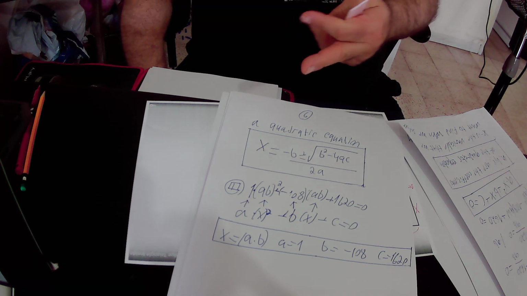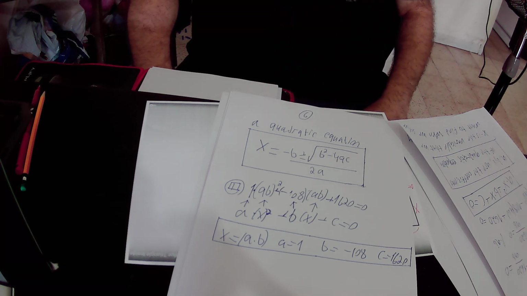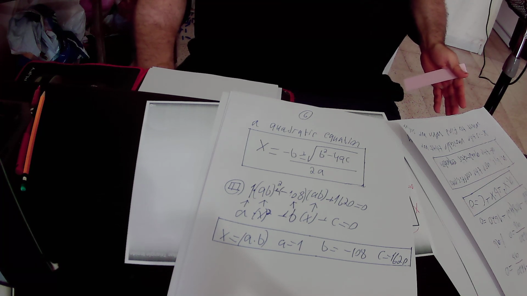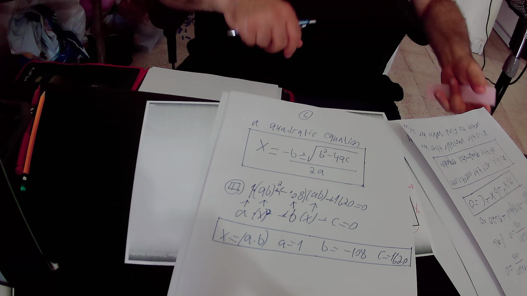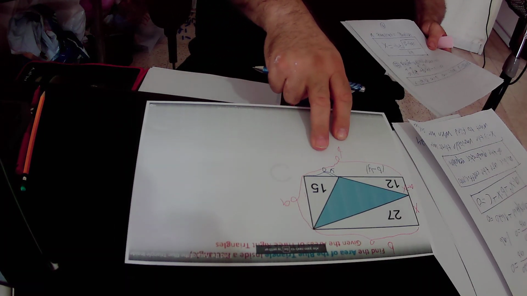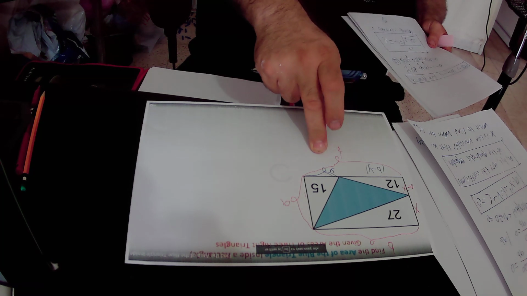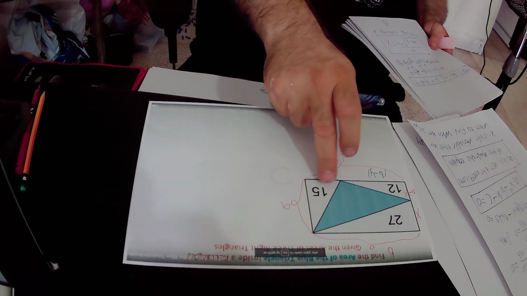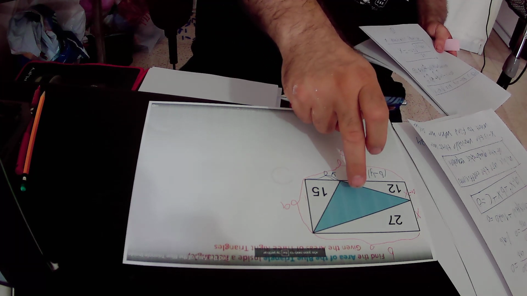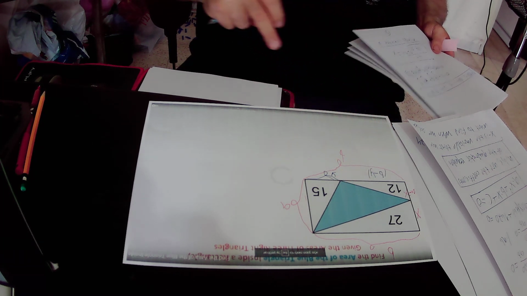Because as you can see here, x equals a times b, so a times b is the area of the rectangle, and the area of the rectangle minus the areas of the three right triangles will be equal to the area of the blue triangle, and that is what we want to find.